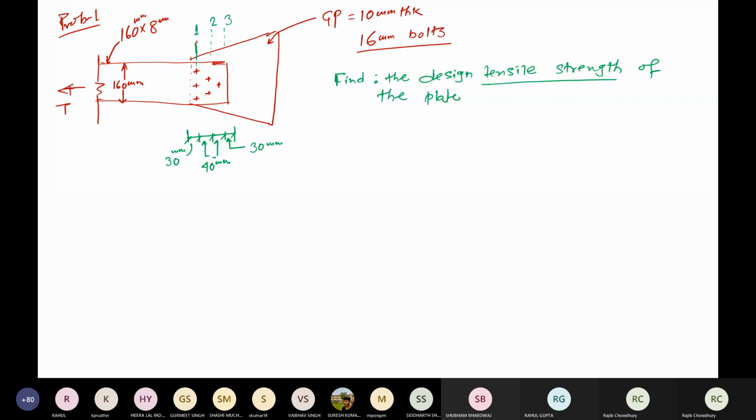So as usual, all other values are being given over here. The Fy of the plate has been given as 250 MPa, and Fu is 400 MPa.